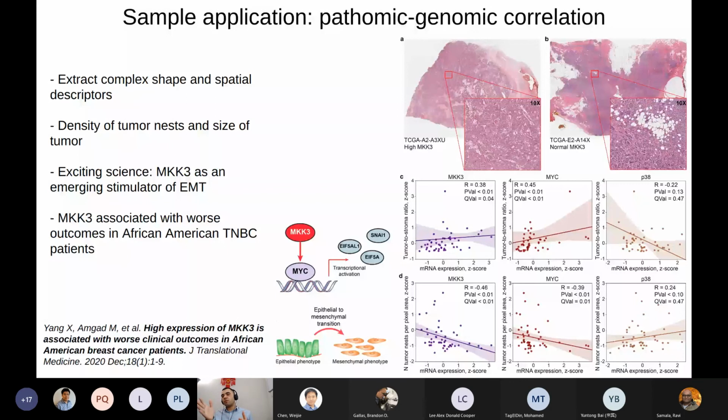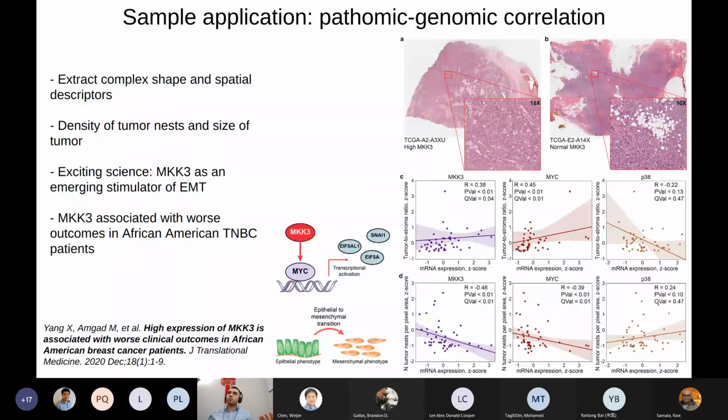This is one spin-off from our 2019 paper, where our collaborators showed that high expression of a particular transcription regulator, MPK3, is associated with worse clinical outcomes in African American breast cancer patients. Our region data was used to provide further validation of this, showing that people with the more aggressive tumors have more infiltrative tumor patterns when you measure them using our computational approaches.